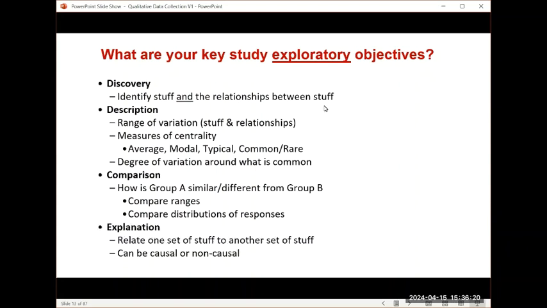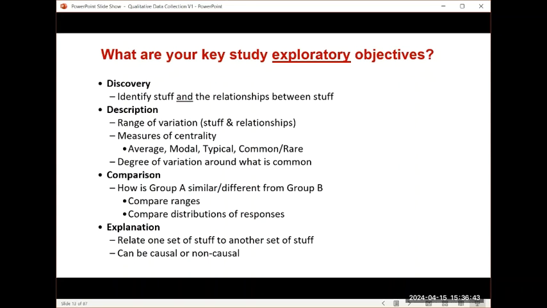And finally, we want to explain. We want to explain how one thing is related to other things. And this can be causal or non-causal. Explaining how something works is not a causal explanation. It's an explanation of functions, roles, right?